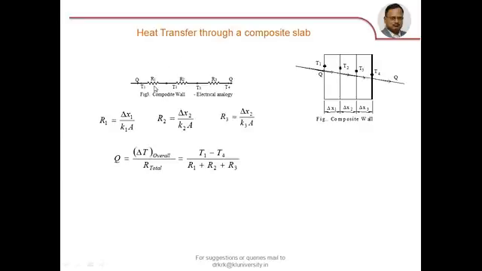First, material 1 will offer resistance, then material 2 will offer resistance, and at the end the material 3 will offer resistance. So these three resistances are acting one after the other in series. You can represent like this. Heat entering through these is Q, the heat leaving here is Q, the heat here is also Q, because it has to obey the law of conservation of energy.